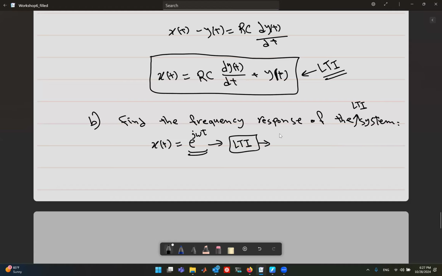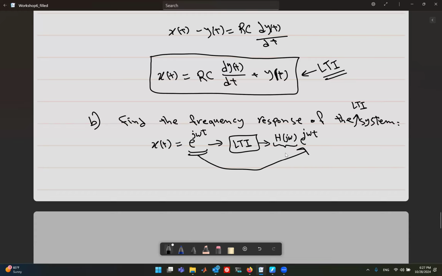So when they are used as input, the output will be just some scaling and they pass through. And what was that scaling? The scaling is what we are looking for, the frequency response of the system, right?